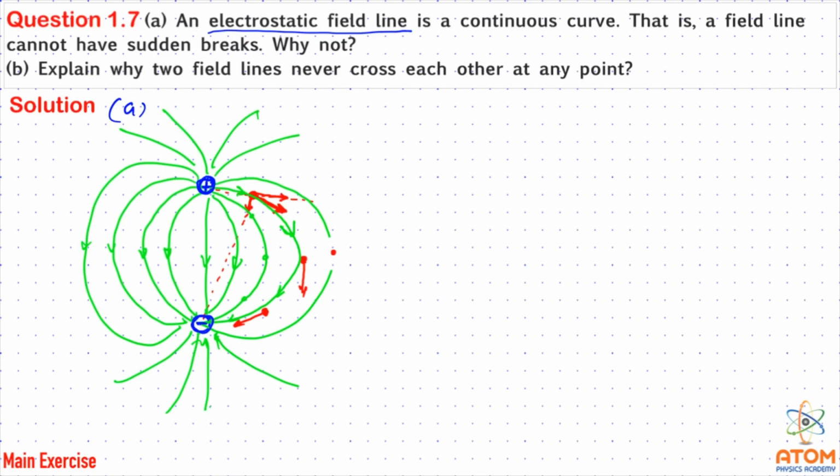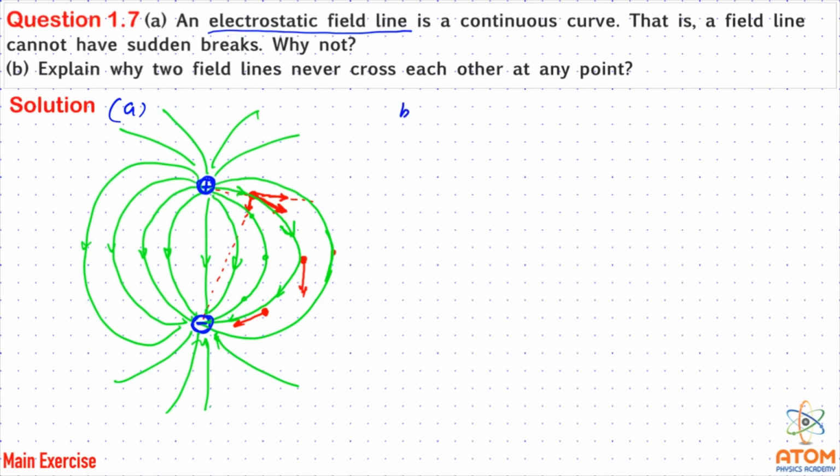So there is no such point possible where there is no electric force, and that's why there is no point possible where there is no electric field line, and that's why the electric field line is continuous. I have taken this as an example of a dipole, but any charge you take, you will find the same thing. Electrostatic field line will always be continuous.